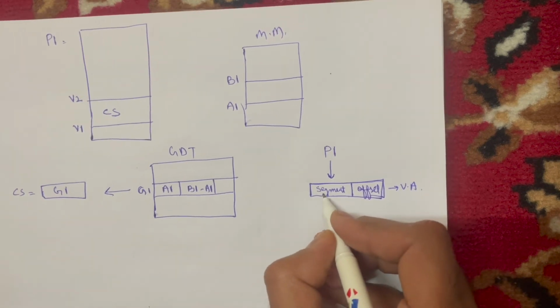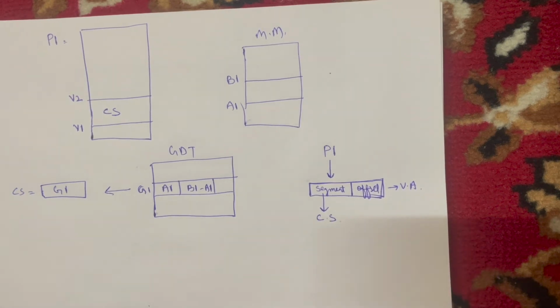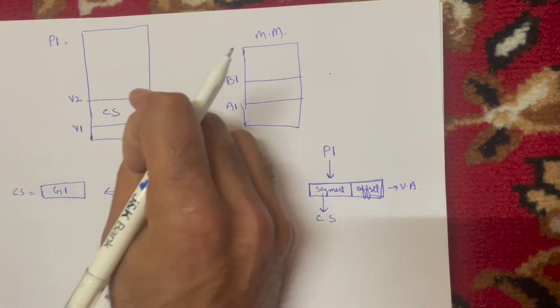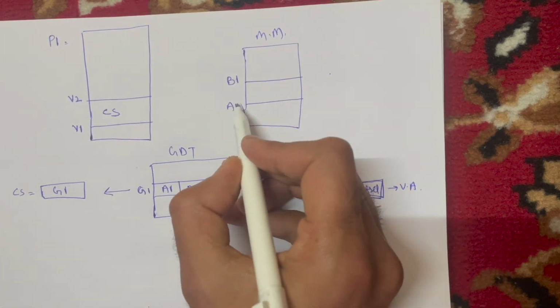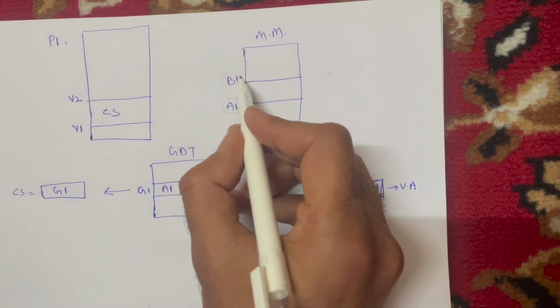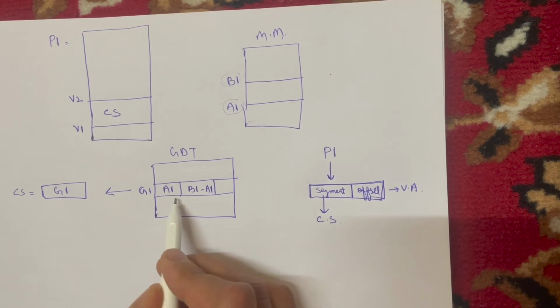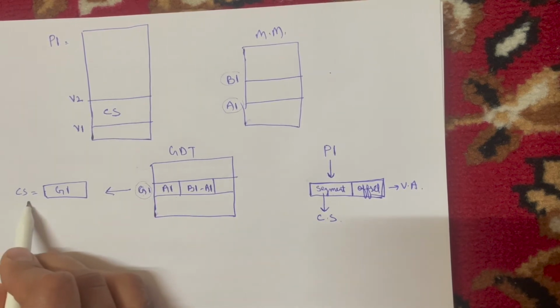So let's say it says it belongs to the code segment. We know that this code segment is mapped here, but we should know where we will get this mapping from. We will get this mapping from the GDT.